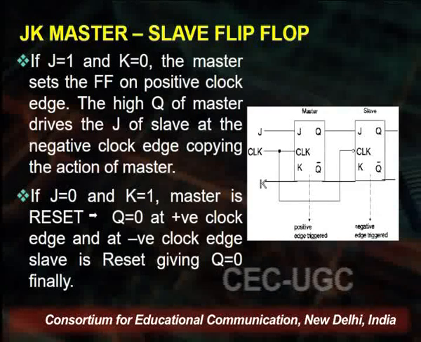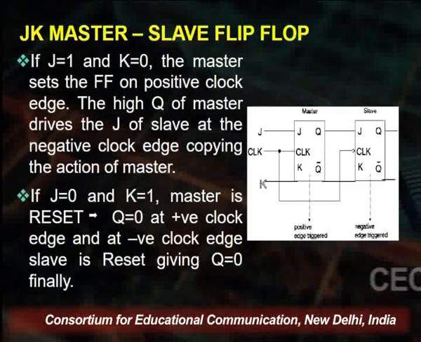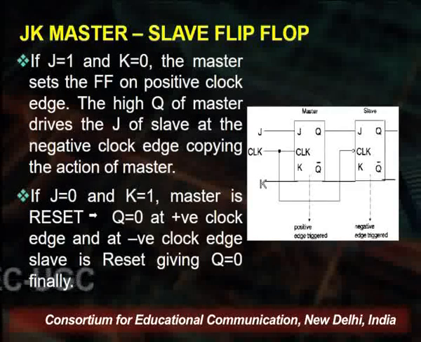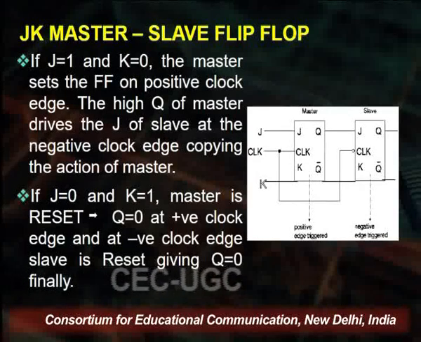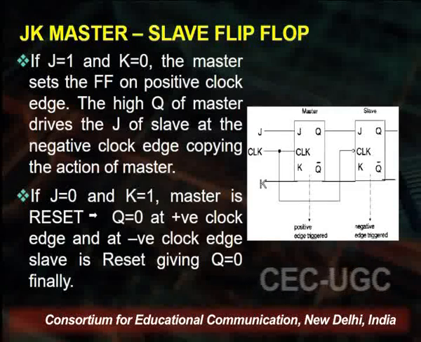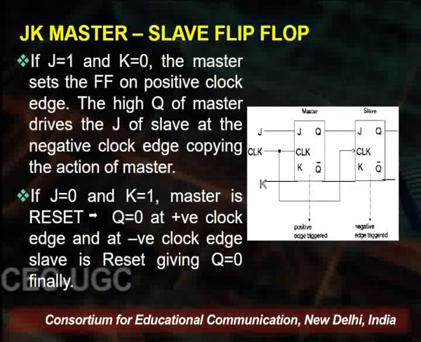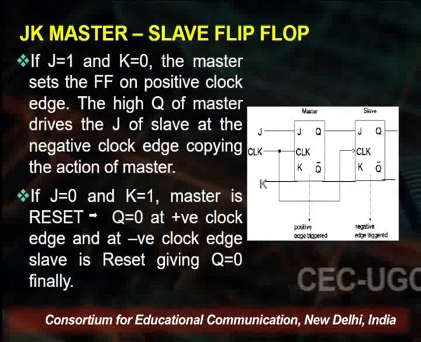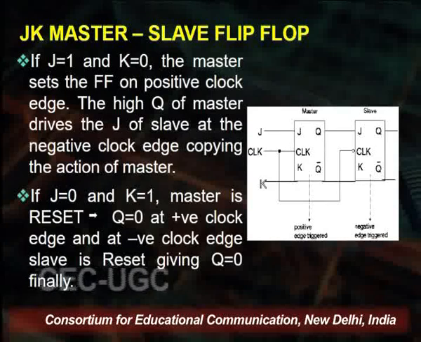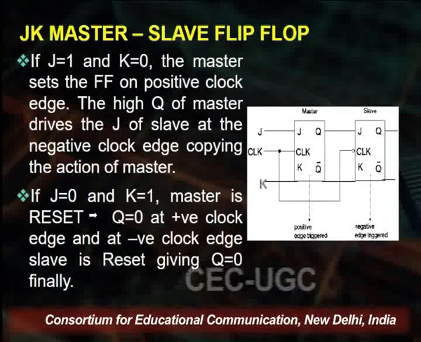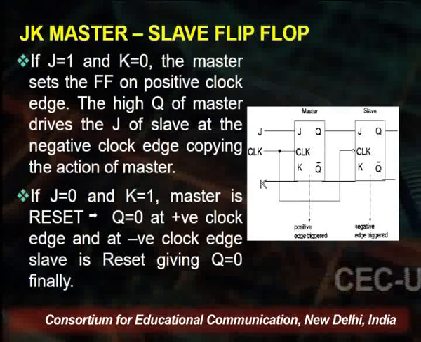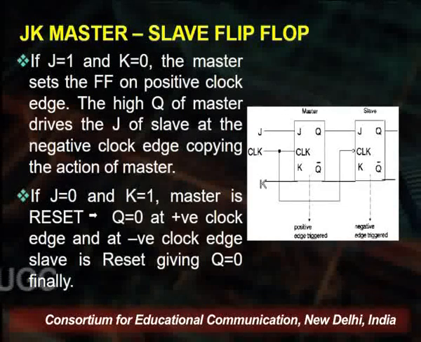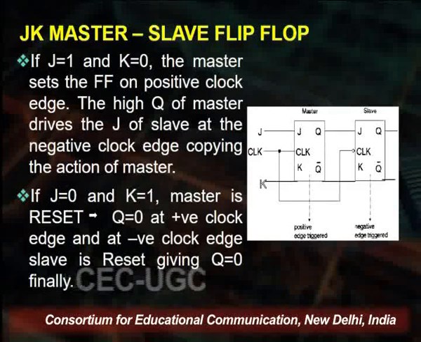This is required so that both the flip-flops do not toggle at the same time. As you can see from the figure, we have actually fixed two JK flip-flops in series. So when J is equal to 1 and K is equal to 1, both the flip-flops, the master as well as the slave, might have the same input, but the output is not toggling.